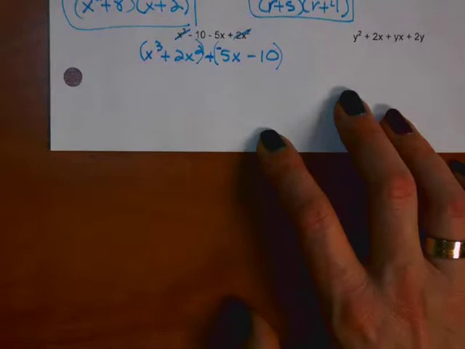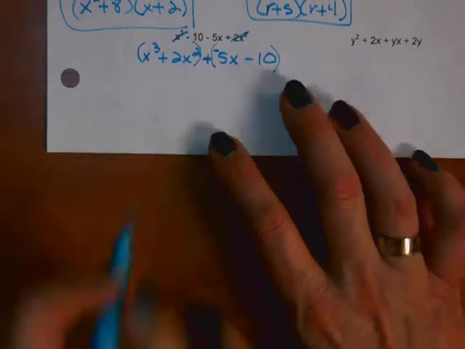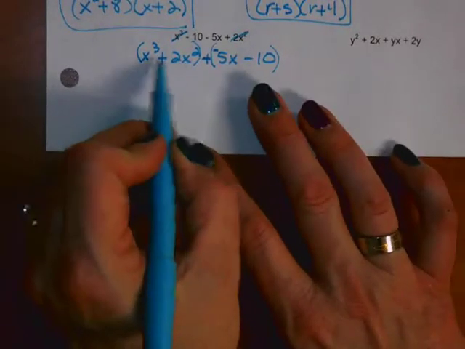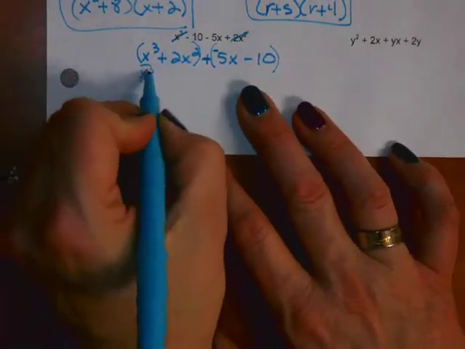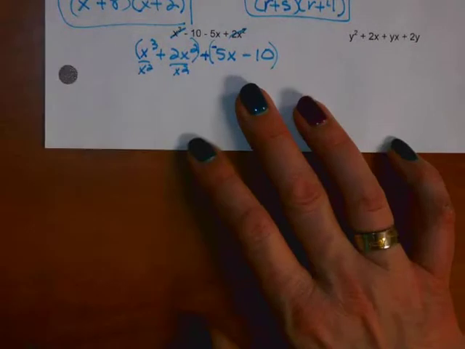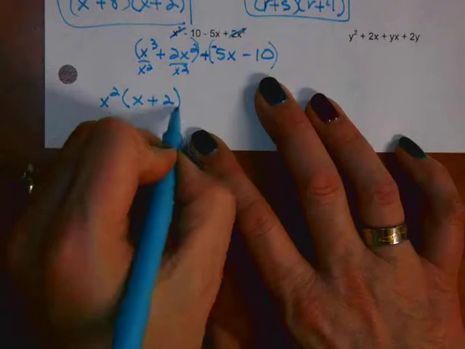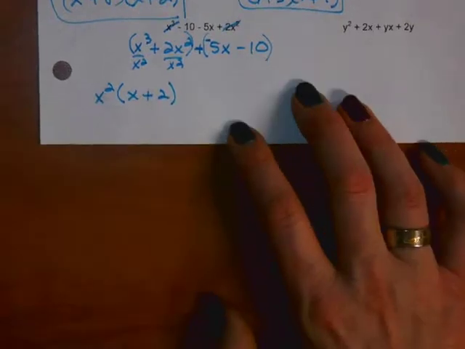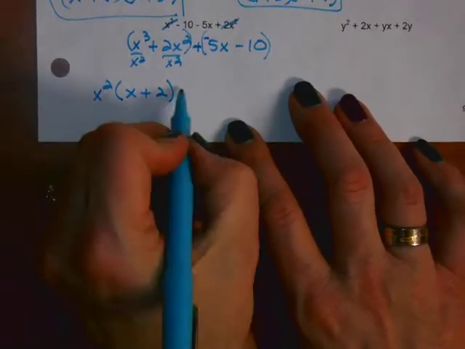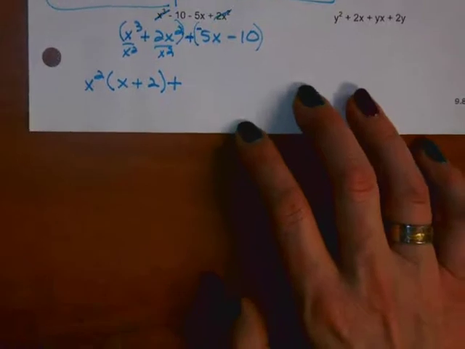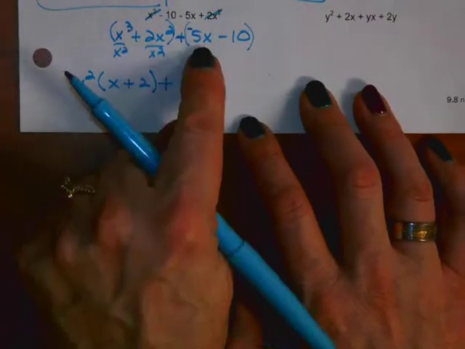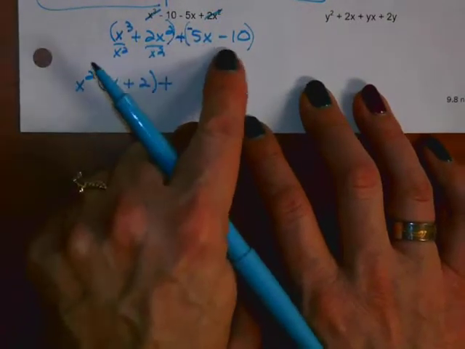Focus up here. What do I take out of both of these? X squared. Pull that out. Put the plus sign that's in between there. What do I have to have left? What do I have to have in here when I take something out?